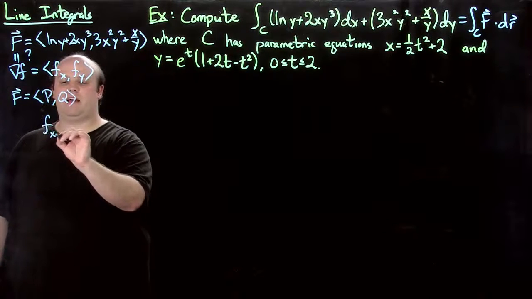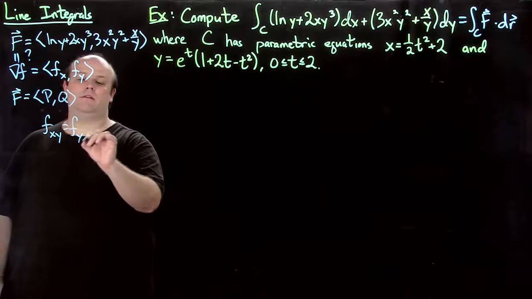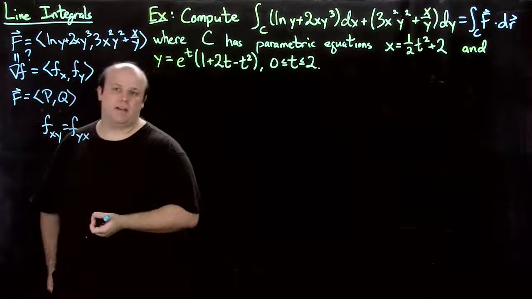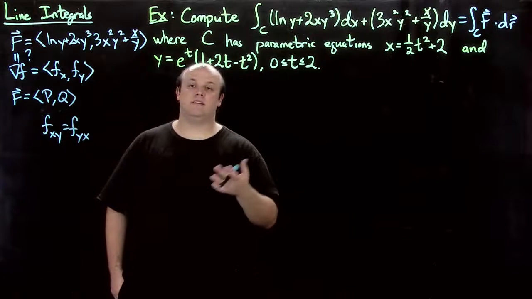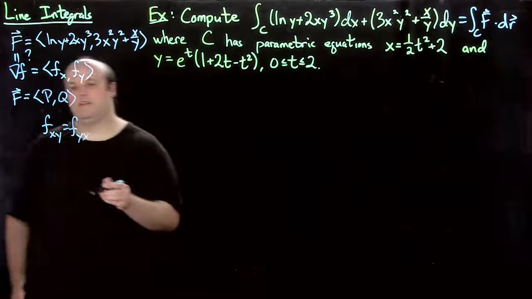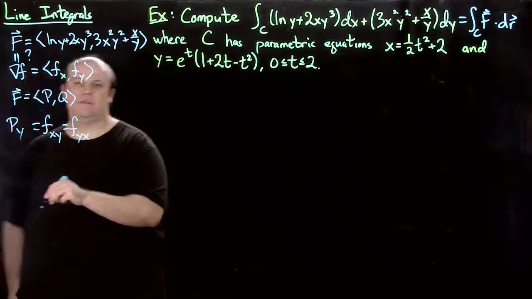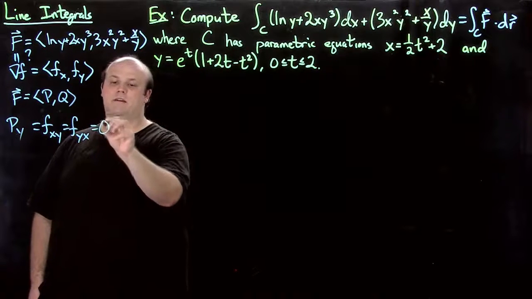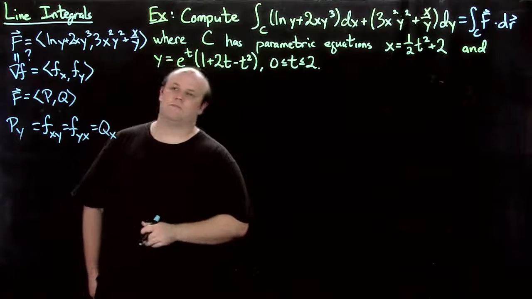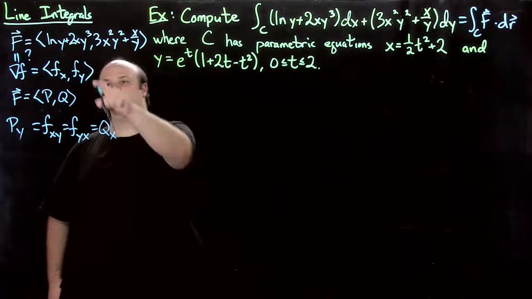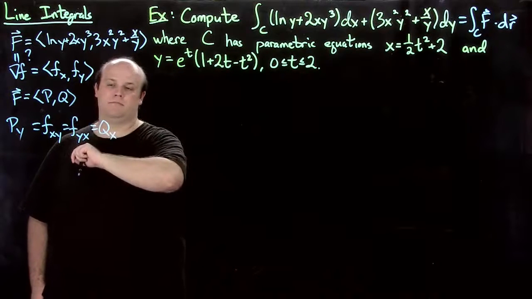Well, we know we have this property, fxy equals fyx, as long as f is C2, right? But fxy is nothing but Py, and fyx is Qx. If these two are equal.